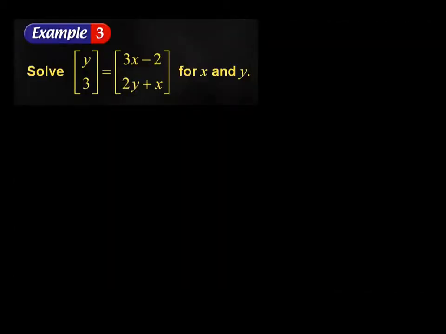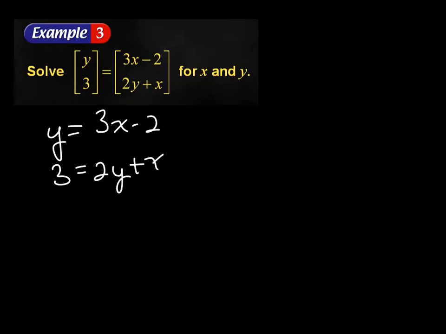We've got equal matrices and they asked us to solve for x and y. So I can just write a simple system of 2 equations, 2 variables: y equals 3x minus 2, and 3 equals 2y plus x. This is begging to be done by substitution because I already have a y equals. So in the second equation where there's a y, I'm going to replace it with what I know y is equal to.